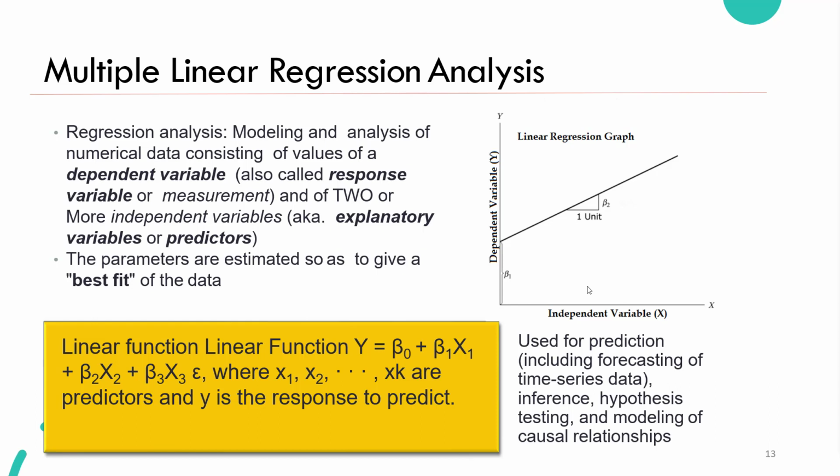Of course, if you have more independent variables, then you have more x terms. Basically, the idea is still the same. You try to get the best fit straight line, and you try to minimize the residual or the standard errors. It's just a little bit more complicated than simple linear regression, but the idea is very similar.